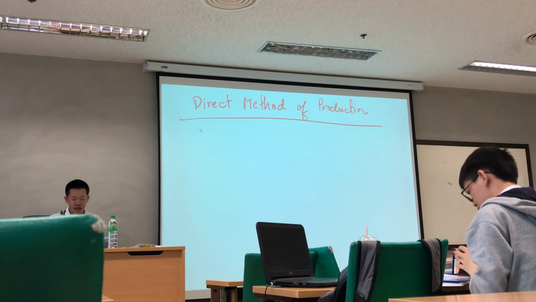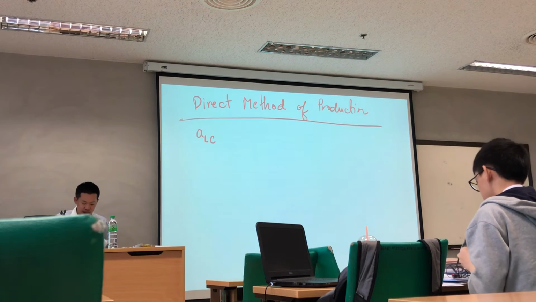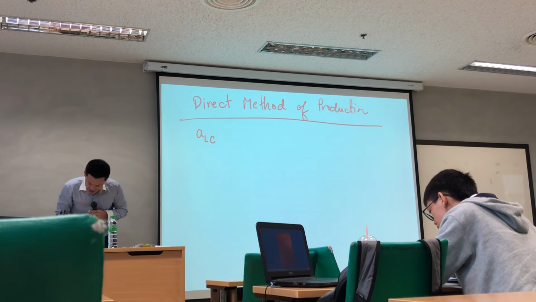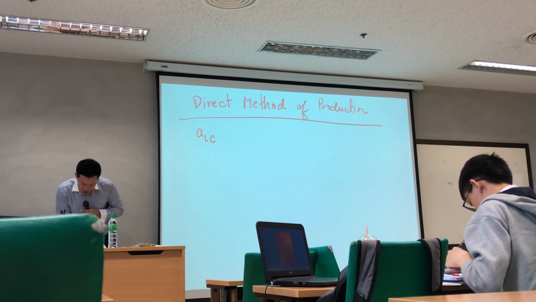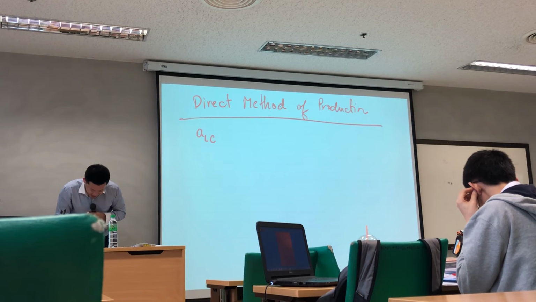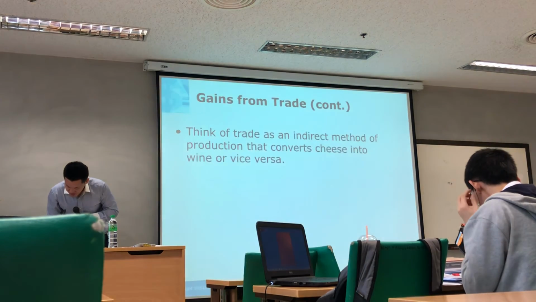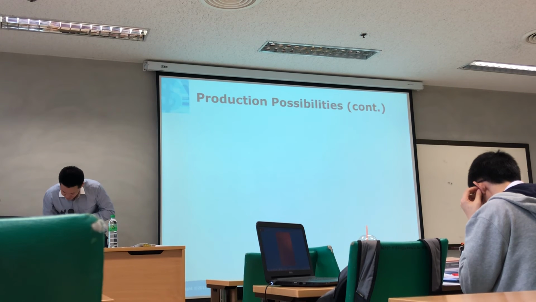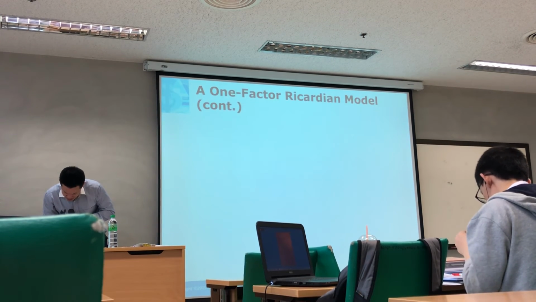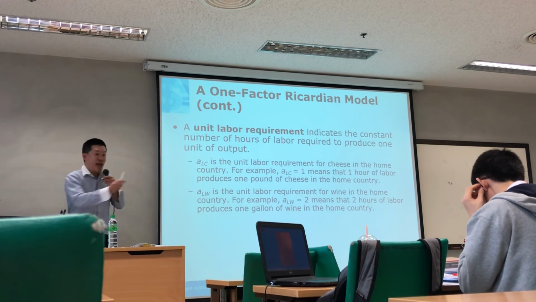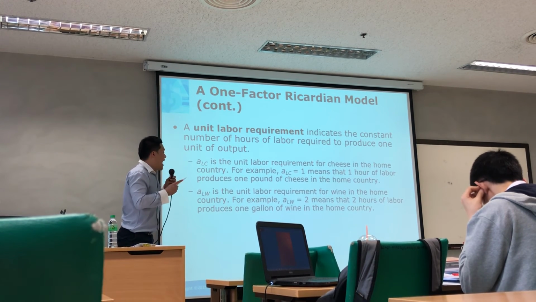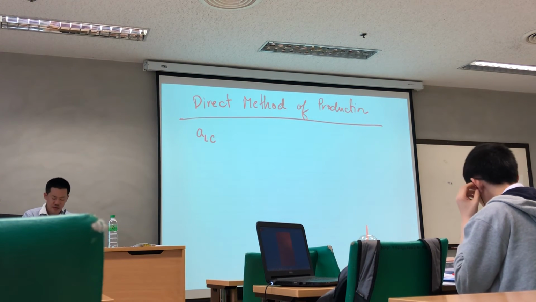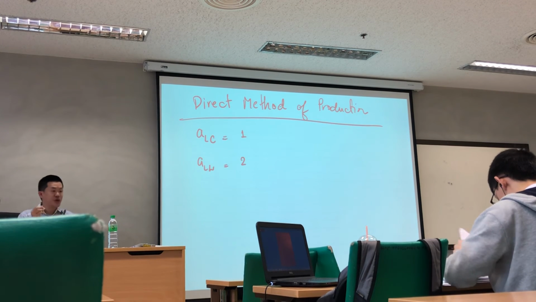Assume ALC is 1, right? And ALW is 2. So what is the opportunity cost?